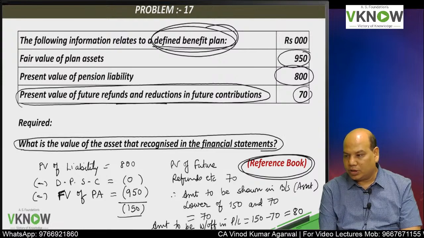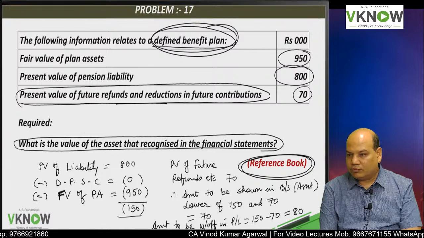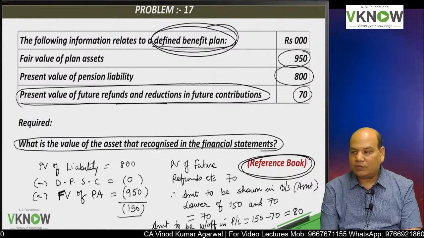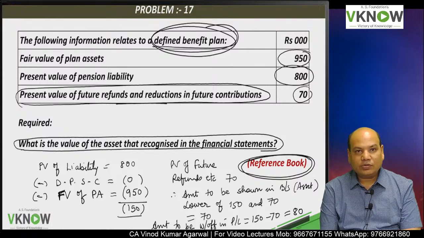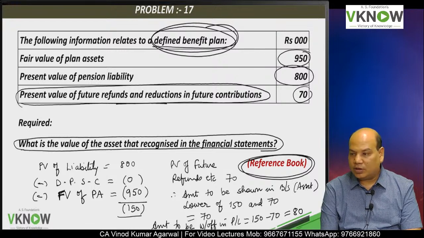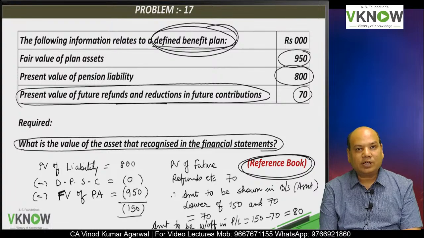Very, very important question. Sometimes the fair value of plan asset is more than liability. So should you show it as an asset 150? The answer is you have to also check what is the present value of refund and reduction in future contribution, which is only 70.